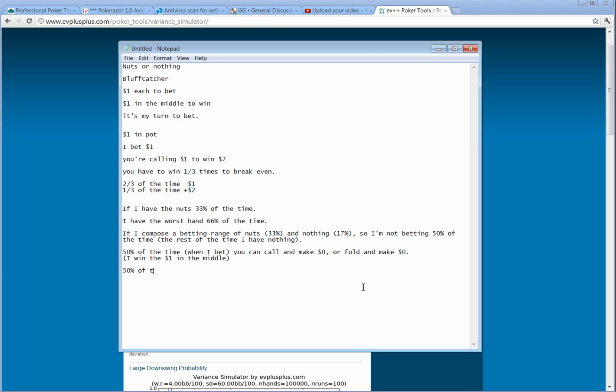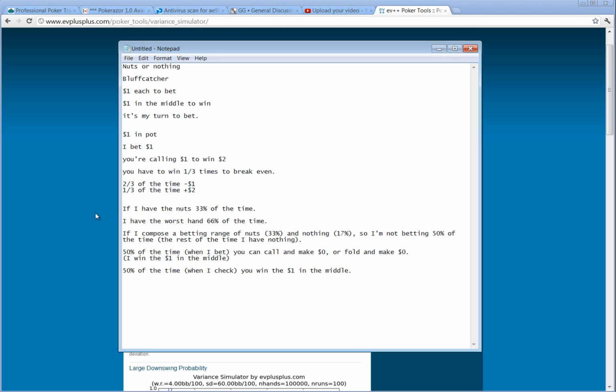And 50% of the time when I check, you win the $1 in the middle. So what's happened here is 50% of the time I'm winning $1, and 50% of the time you're winning $1, and yet you have the best hand 2/3 of the time. I only have a better hand than you 1 out of 3 times.